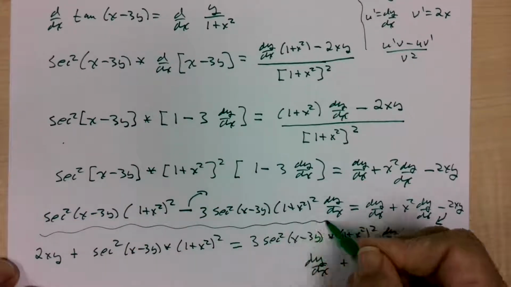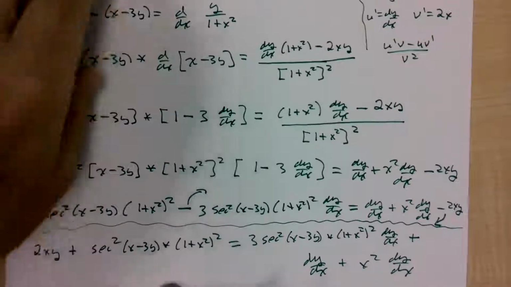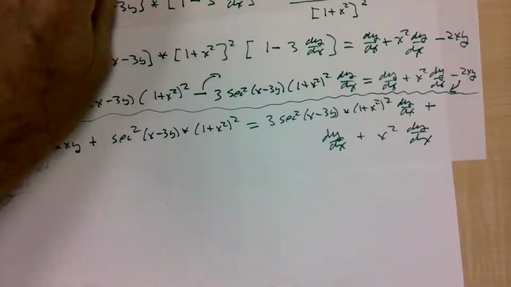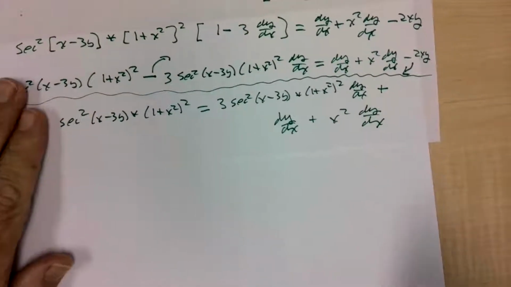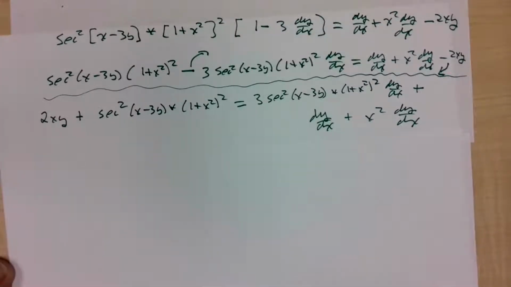Let's make sure we see all of that as one line. And then our next move is to factor out the dy/dx on the right side so that we will have the following. Make sure you can see it. The left side will be 2xy.